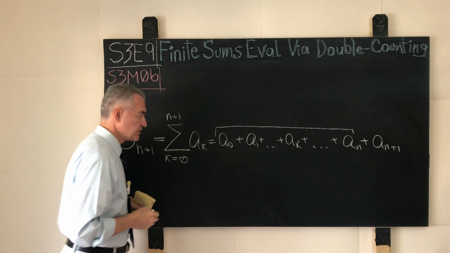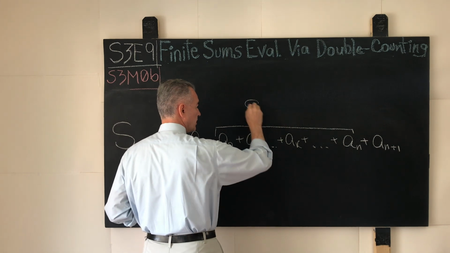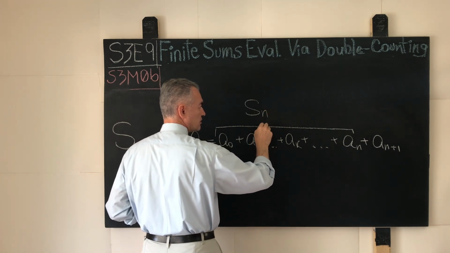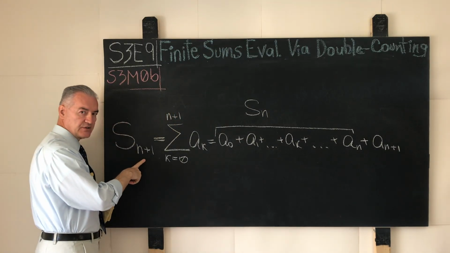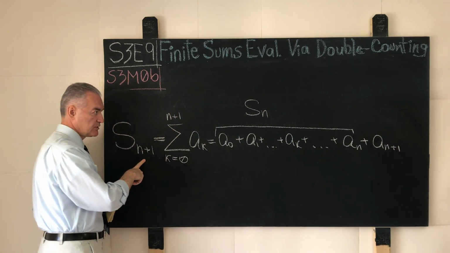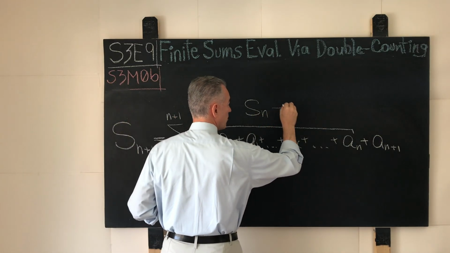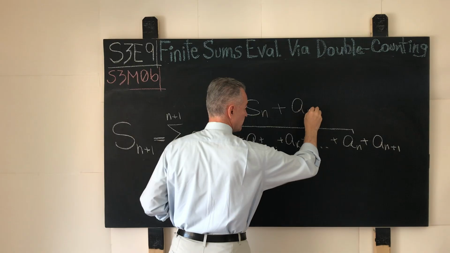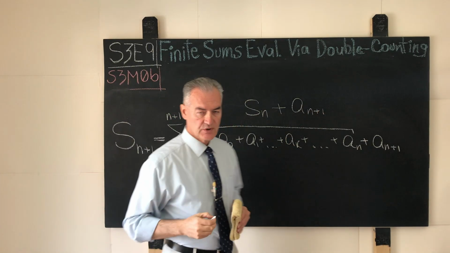The sum of the first n terms in our case is called Sn. So our representation of the given iterated sum S sub n plus 1 can be which one? Can be Sn plus an plus 1. And we're done with one story.